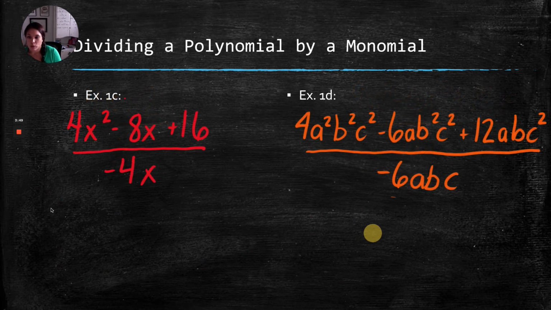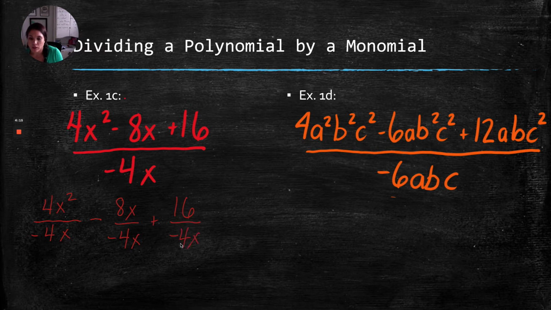Okay, let's continue with some more examples. I have 4x squared. That's going to go over a negative 4x. And then look, you have a minus sign here, minus 8x over negative 4x plus 16 over negative 4x.